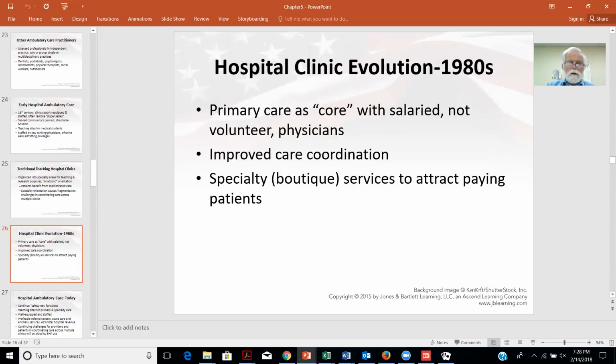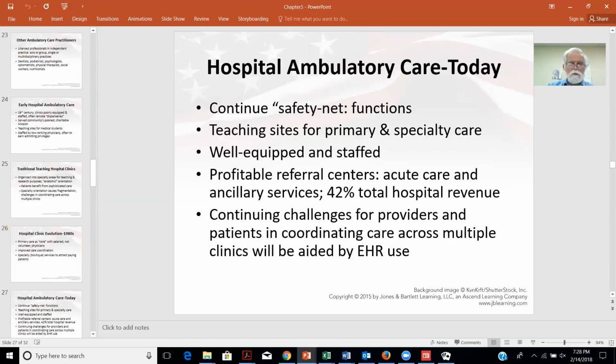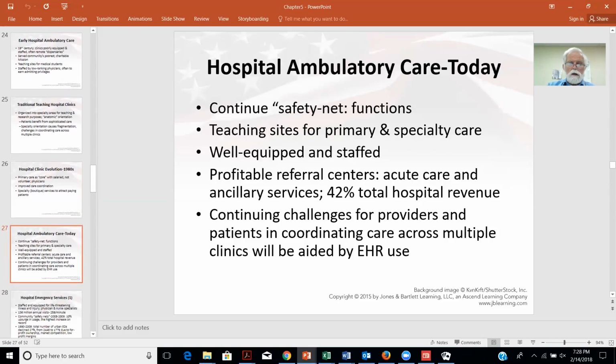The 1980s saw the appearance of primary care as a core specialty, or a core part of medicine, with a primary care physician sort of overlooking things.